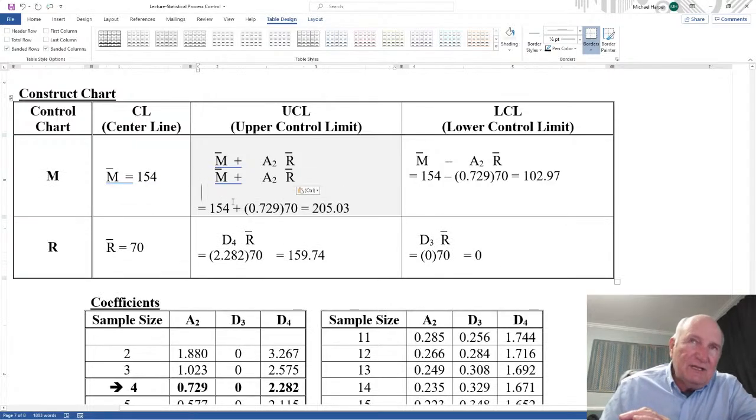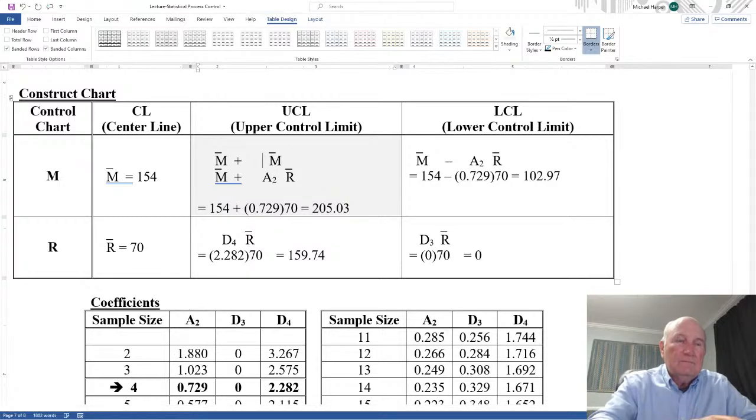So the definition of a control chart is M bar plus or minus three times the standard deviation of M bar.